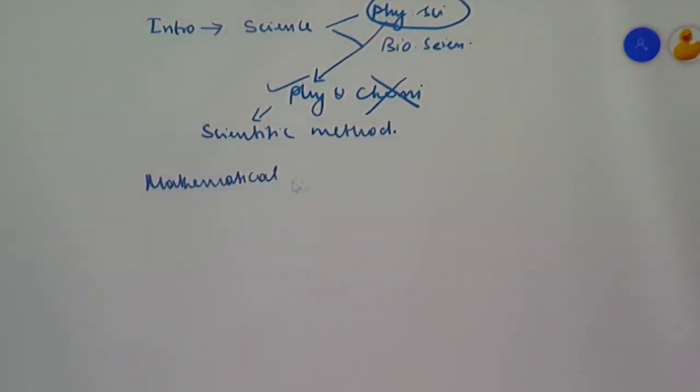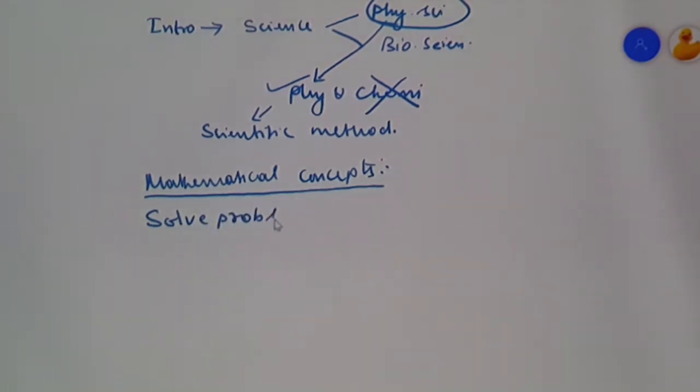Regarding the mathematical concepts, because most of the derivations that you get in physics are based on maths, without mathematics we can't study physics. So regarding the mathematical concepts, in order to solve problems, the first step that I went through with you was logarithms and anti-logarithms.